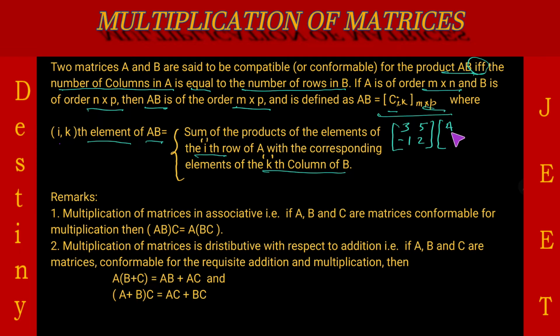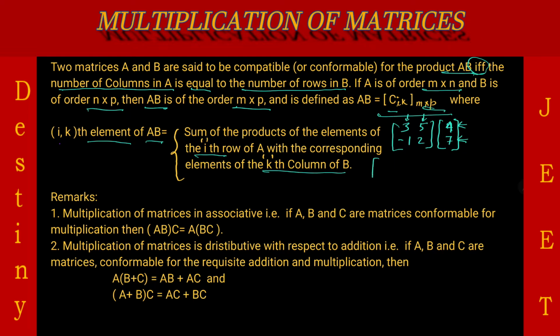I am taking A as these elements in it, and we are multiplying with B, which has the elements 4, 7. We see that these are the columns of A and these are the rows of B. 2 columns, 2 rows, and hence they are compatible for product. Let us see how we'll multiply them.